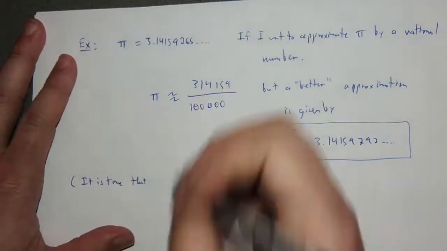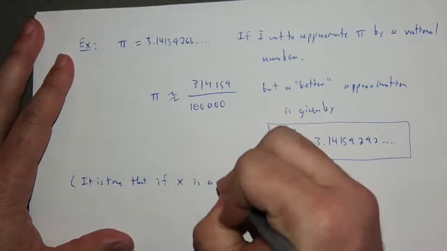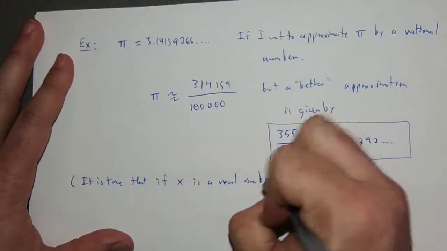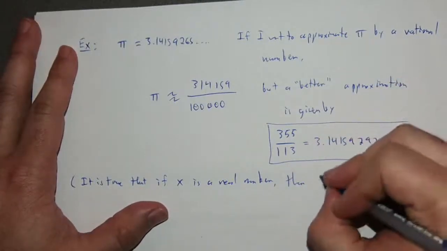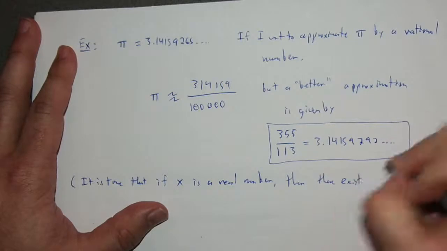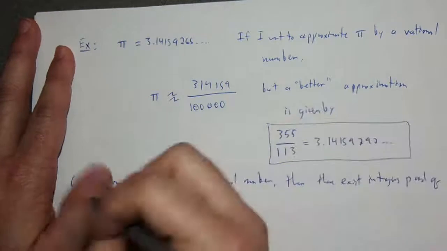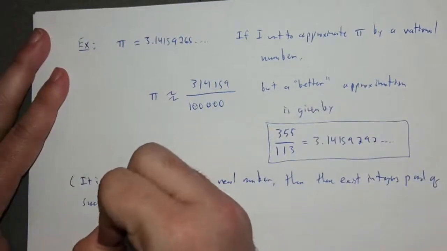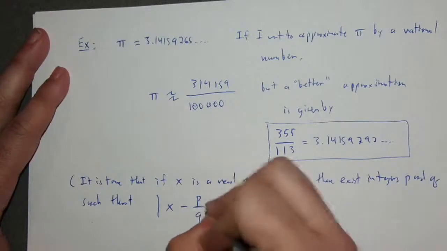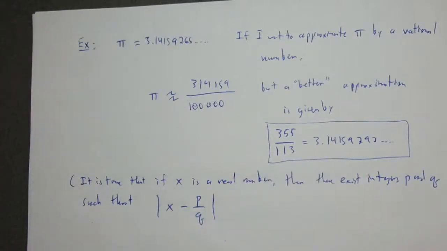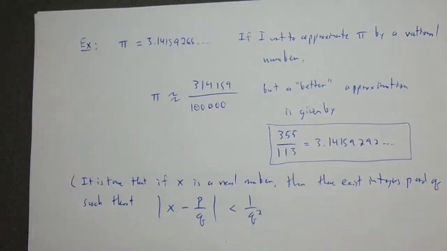So it is true that if x is a real number, then there exist integers p and q such that the absolute value of x minus the rational number p over q is less than 1 over q squared.